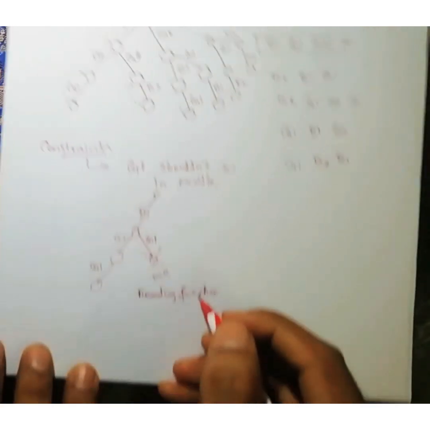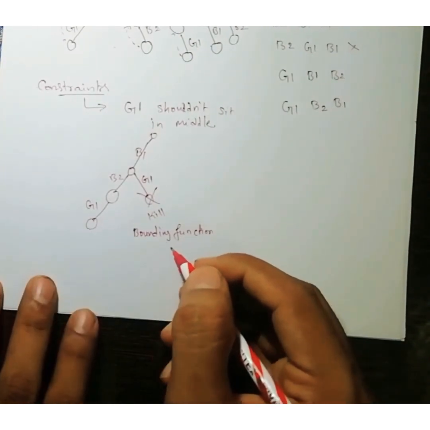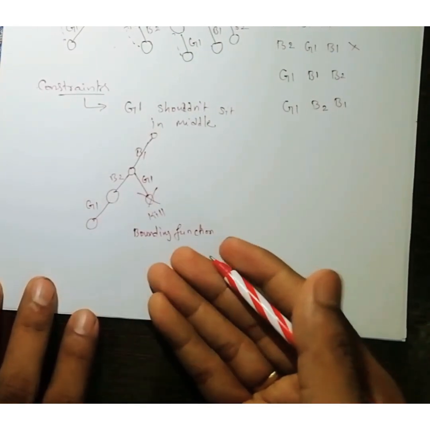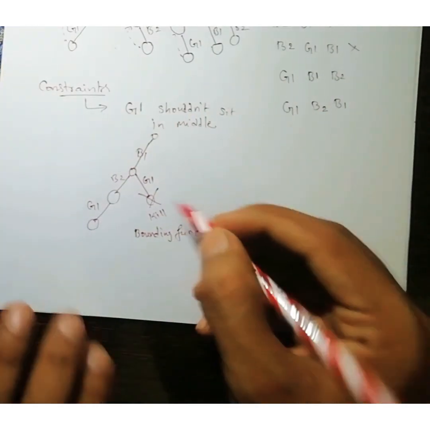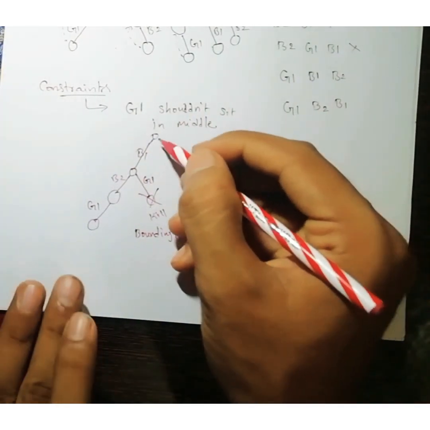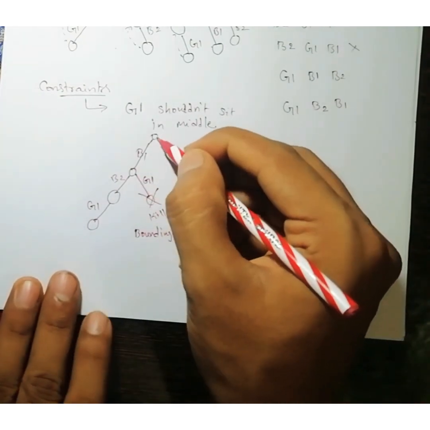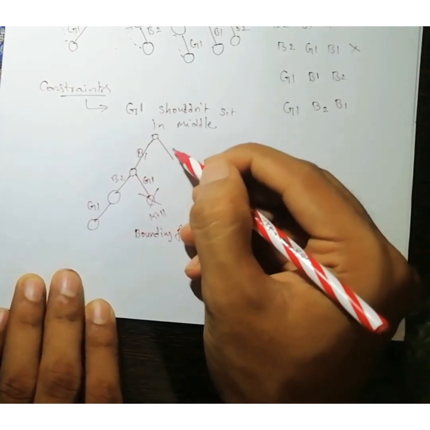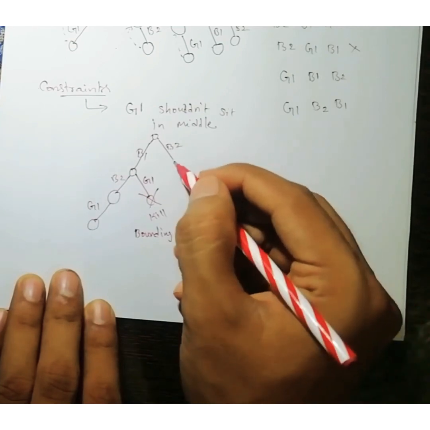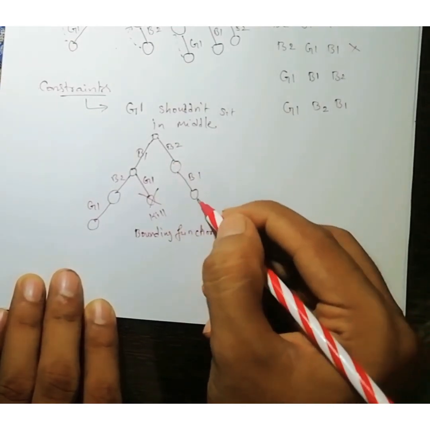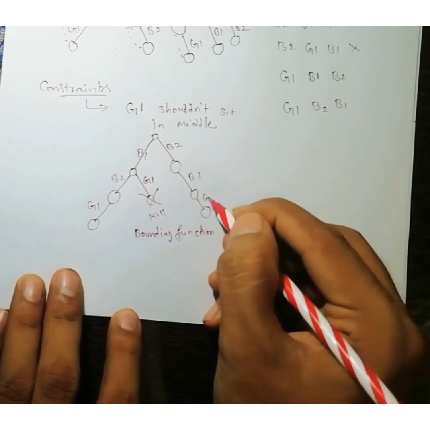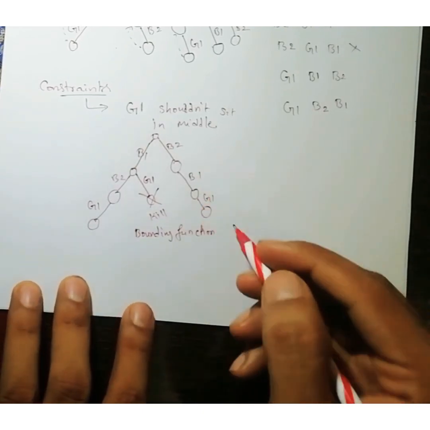The bounding function is the condition. What is the condition here? The girl should not sit in the middle. Next, go back to B1. Next it is B2, next B1, next G1. This is perfect, this is a path.